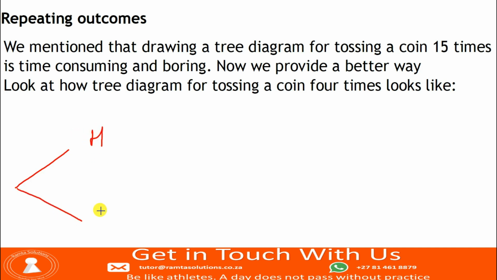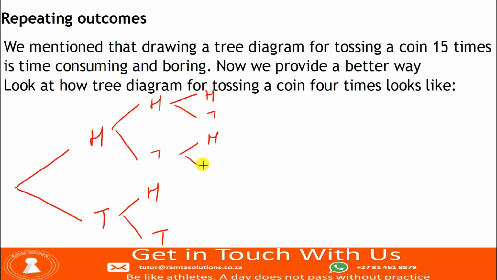So it is head or tail, right? This is the first time I'm tossing. On the second toss, it's still head, tail. On the third toss, it's still head, tail, head, tail.